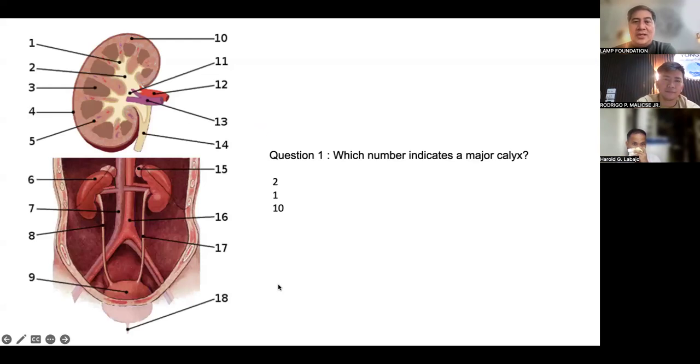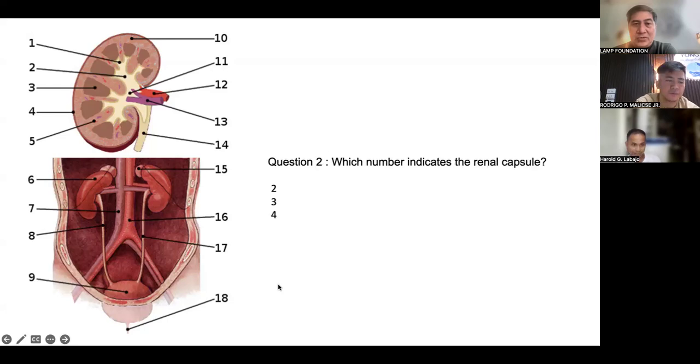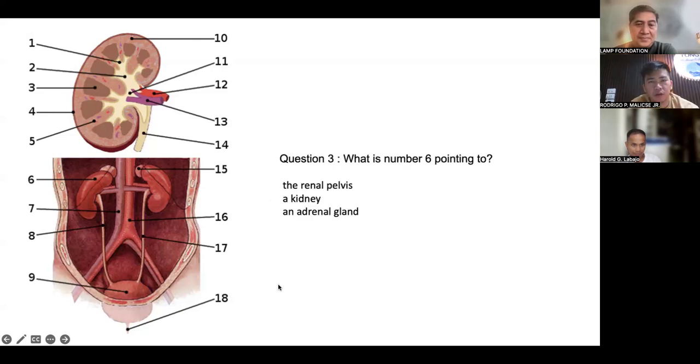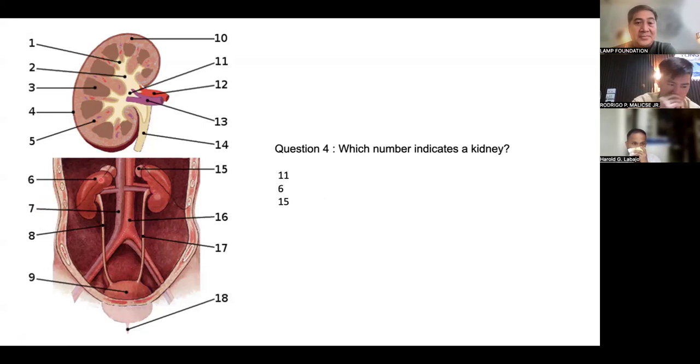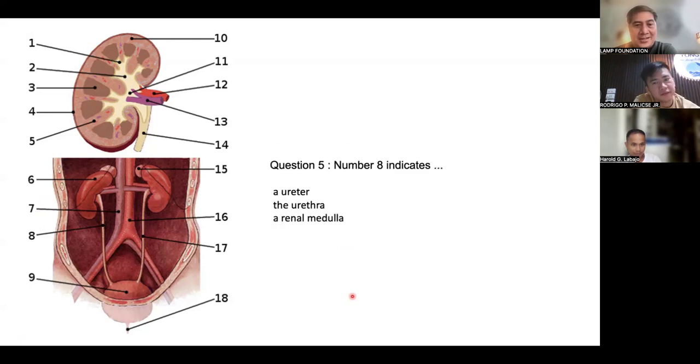Okay. Now let's go to anatomy. Which number indicates a major calyx? Number 2. Which number indicates the renal capsule? Number 4. What is number 6? A kidney. Which number indicates a ureter?